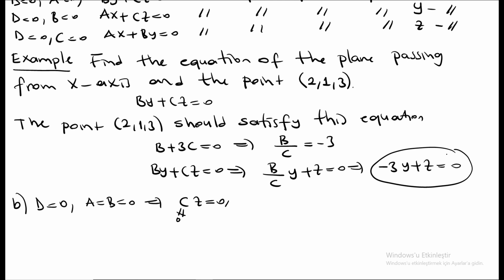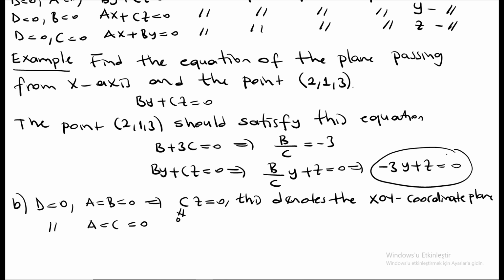So this denotes the x-y coordinate plane. So the other case is similar. Here A and C are 0, so you have B times y equals 0, and this denotes the x-z coordinate plane.